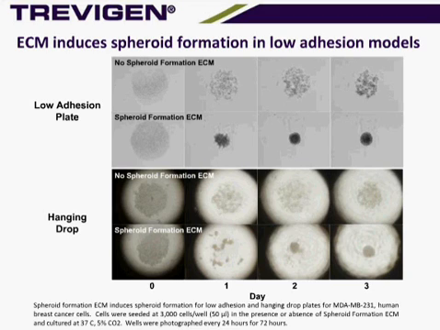Now the low adhesion plates do provide us some advantage here in that we are able to do some centrifugation to help, like I said, get the cells close in proximity and help accelerate the process, as you can see, between the two models.